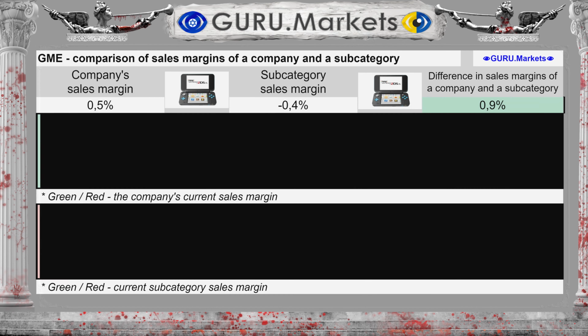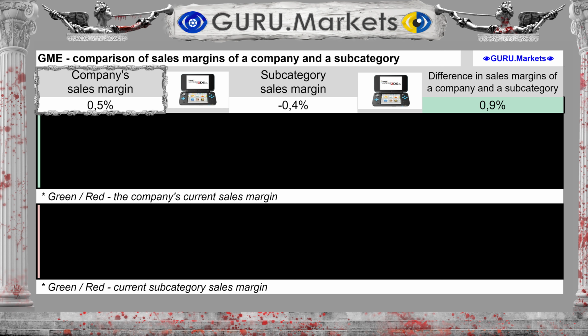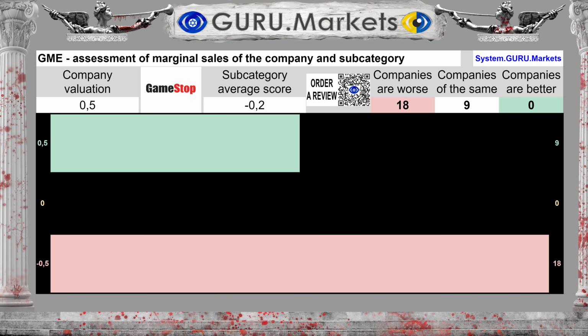The margin is 0.5%, with the average in the subcategory -0.4%. The difference between the subcategory average and the company's performance is 0.9%. Profitability assessment in comparison with the indicators of companies in the subcategory: Good, 0.5 points.